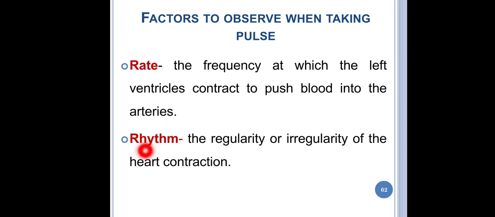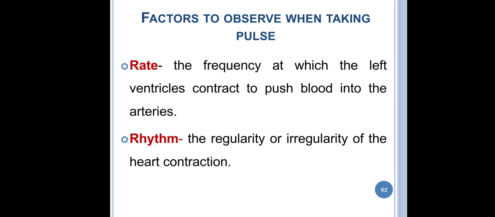So there is what we call rhythm. What is the rhythm? It's the regularity or irregularity of the heart contraction. So rhythm is whether the pulse you are getting is continuous, or it's cutting, or it's not that regular.